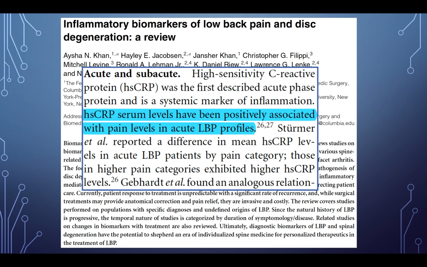CRP should be a very low marker, so anything that's elevated should tell you that it's positive for an acute systemic inflammatory response. Sturmer et al. reported a difference in mean HSCRP levels in acute low back pain by pain category. Those in higher pain categories exhibited higher HSCRP levels.